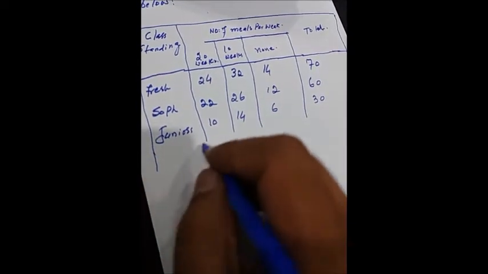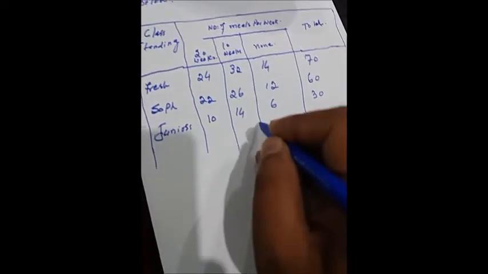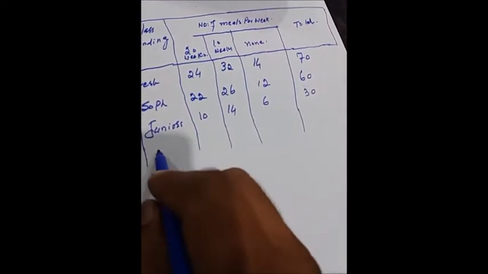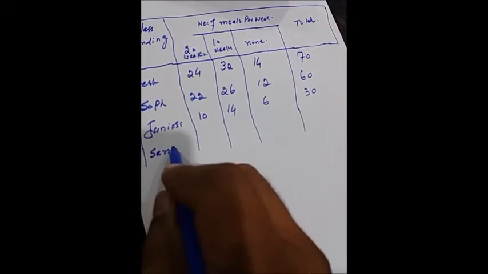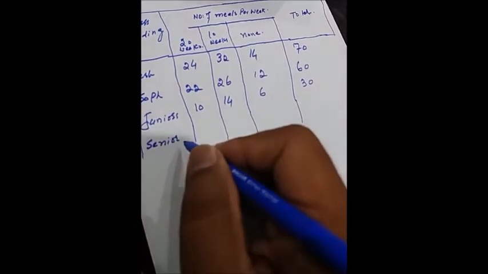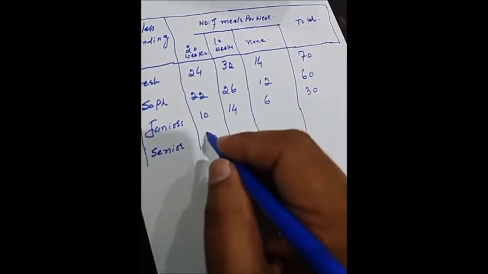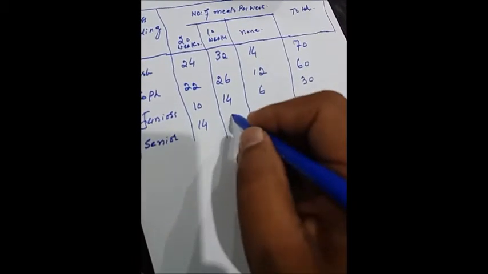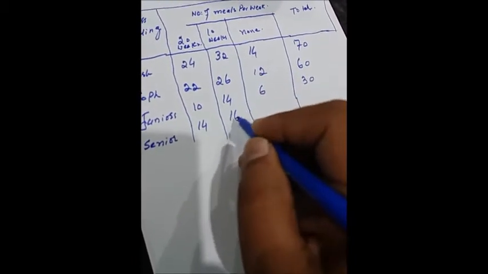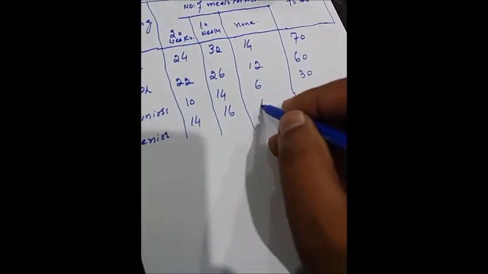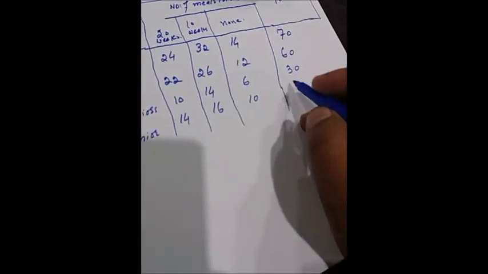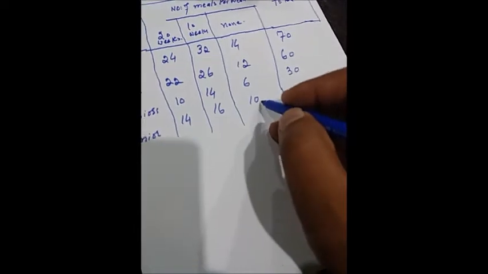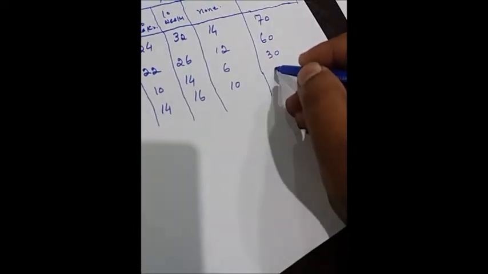And after that the senior students: 14 meals for 20 weeks and 16 for 10 weeks, whereas 10 for none. 14, 16 and 10 is equal to 40.